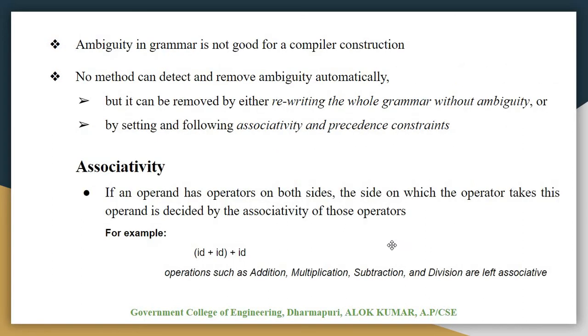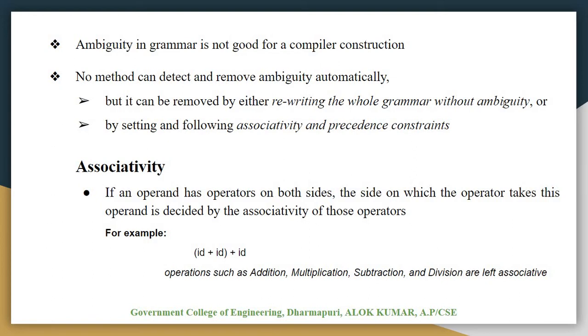Ambiguity in grammar is not good for compiler construction. If we are going to construct a compiler, ambiguity is not good. No method can detect and remove ambiguity automatically. For that, we can do these two things. It can be removed by rewriting the whole grammar without ambiguity.